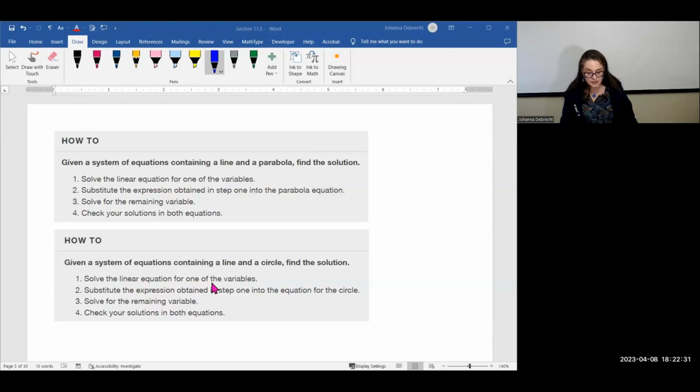If you are solving a system with a line and a circle, then you're again going to solve the linear equation for one of the variables, x or y, whichever one has a 1 coefficient, if possible. And then you're going to substitute that into the equation for the circle, solve for the remaining variable, and check your solutions.